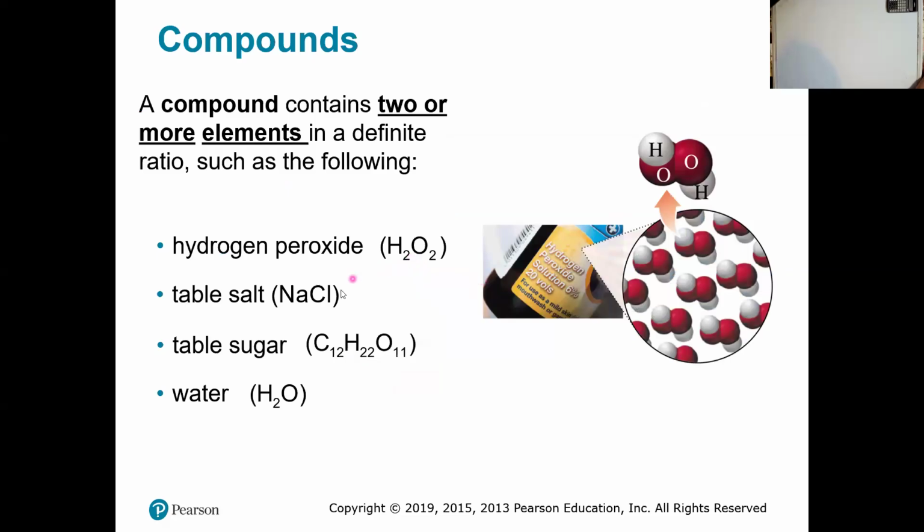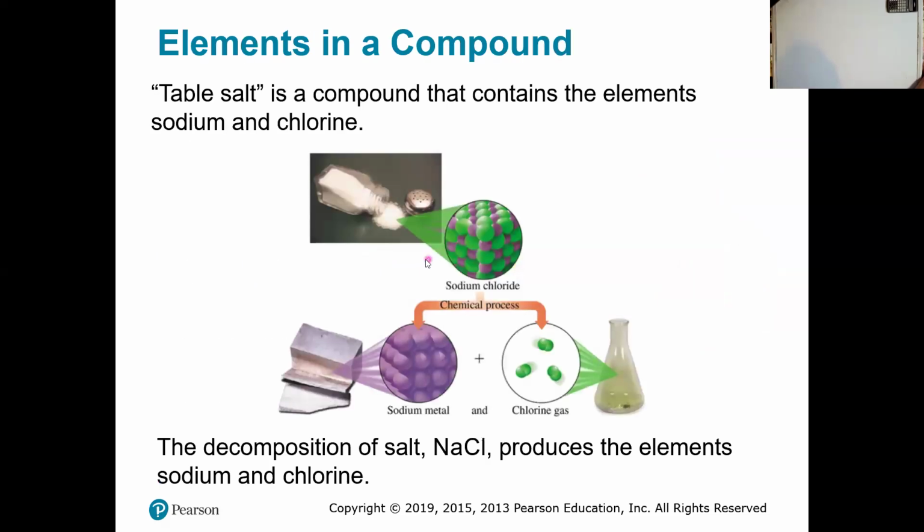So these are examples of compounds. Things like hydrogen peroxide, things like table salt, which is just sodium chloride, table sugar, C12H22O11, water, H2O. These chemical formulas never change for these samples. When you have hydrogen peroxide, you always have two hydrogens for every two oxygens. That never changes. Okay.